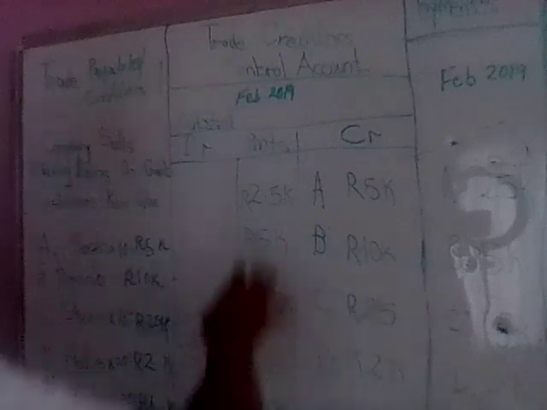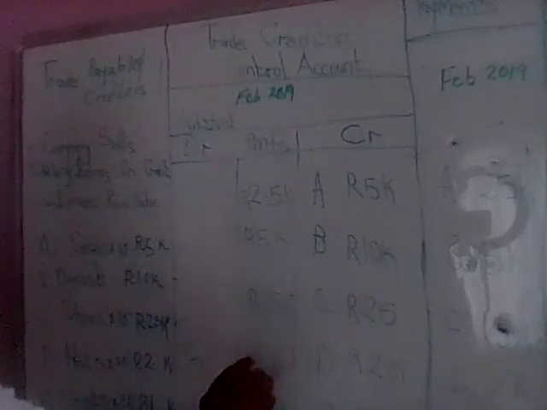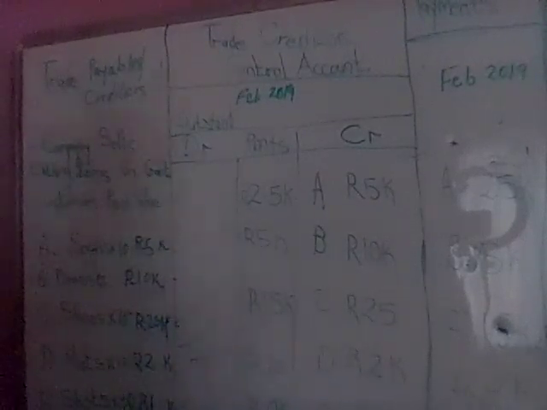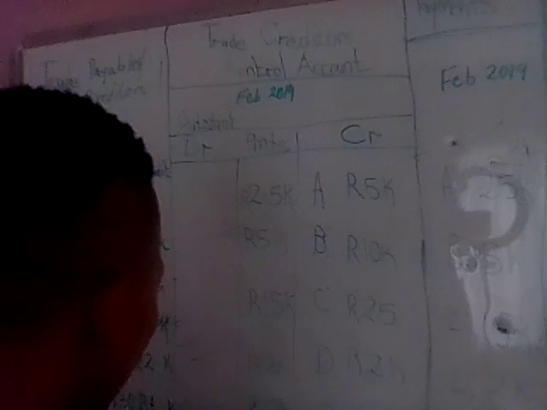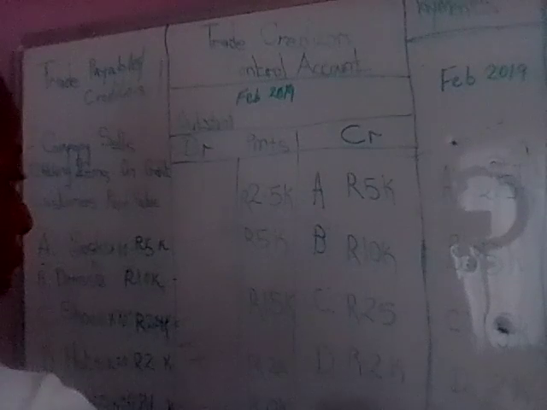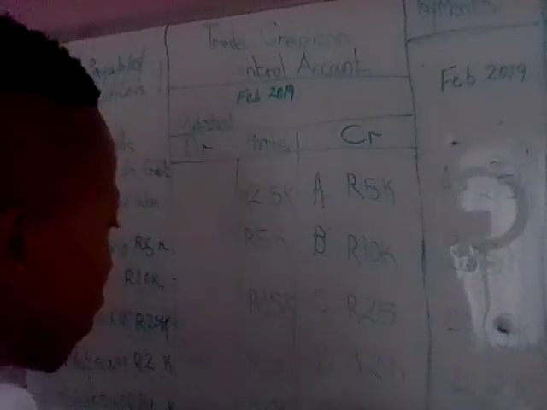No payment was made. So payments that were made, 2.5 plus 5,000, that's 7.5, plus 1.5, that's 9,000 rands, plus 2,000 rands. That gives us a total value of payments of 9,000 rands that were paid against how much? Against 5,000 plus 10,000, 15,000 plus 2.5, 17.5 plus 2,000. That gives us 19.5 plus 1,000.